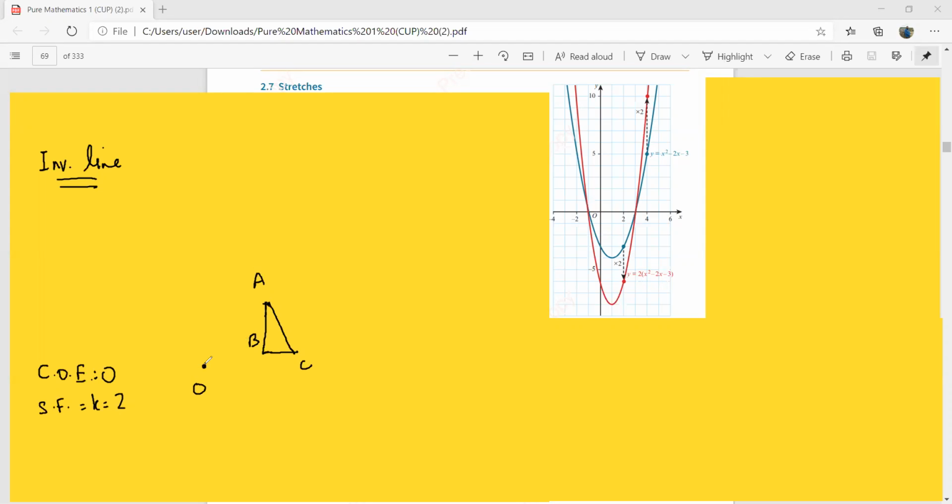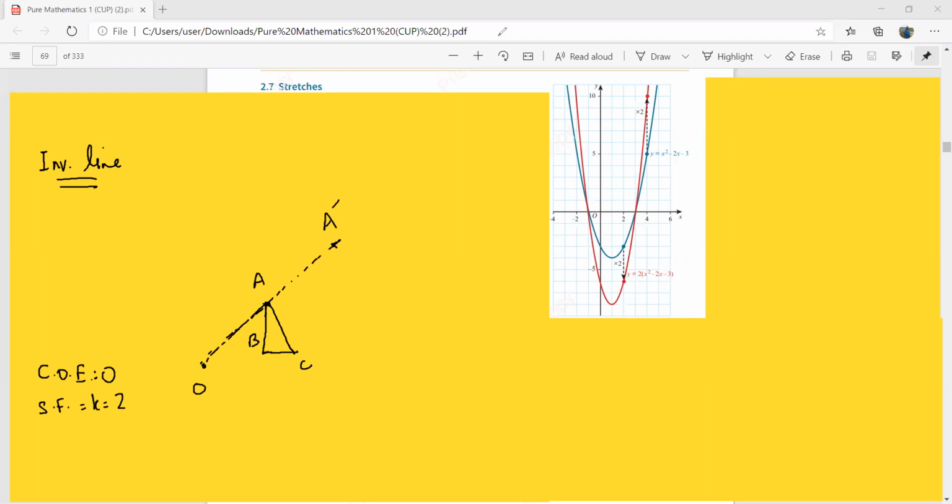So that would mean, okay, if this A is situated, suppose, 2 centimeters from O, then this A dash would be over here at a distance of 4 centimeters. That is your A dash.